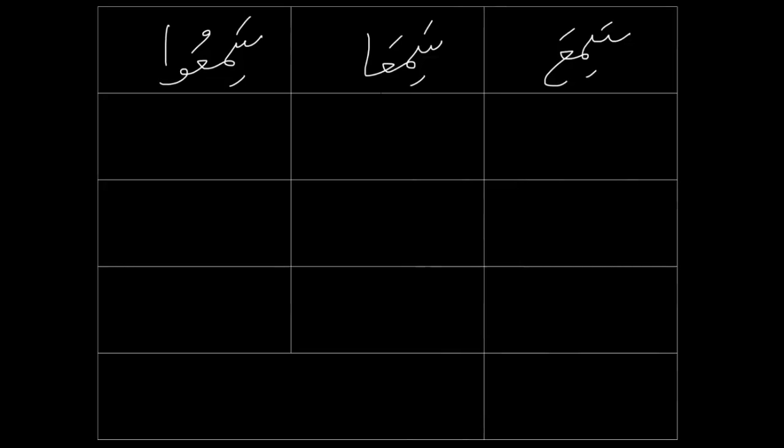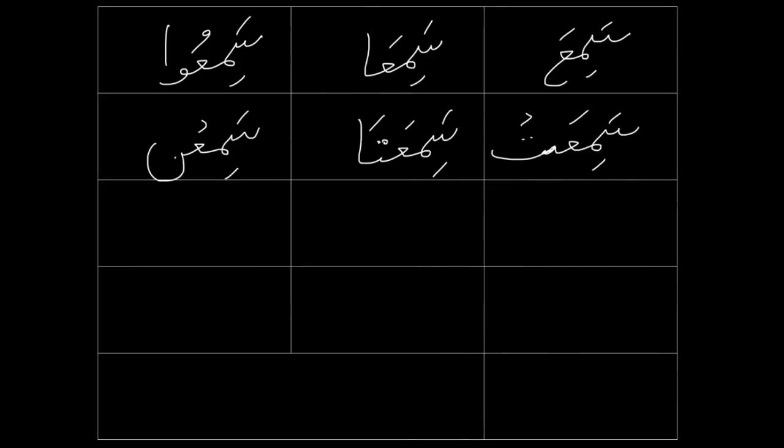Okay. So in our example, we already have sami'a, and let's draw the whole chart. Sami'a, sami'u, and we have already done this. Sami'at, sami'ata, sami'na, sami'ta, sami'tuma.